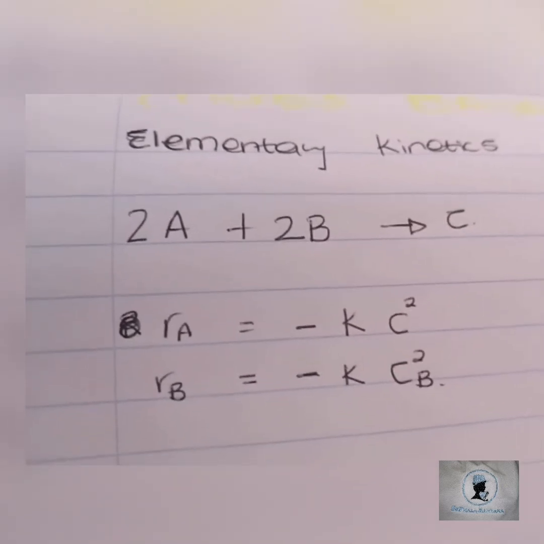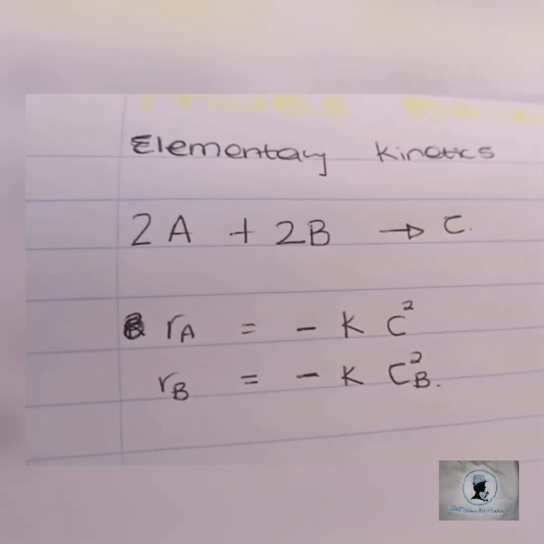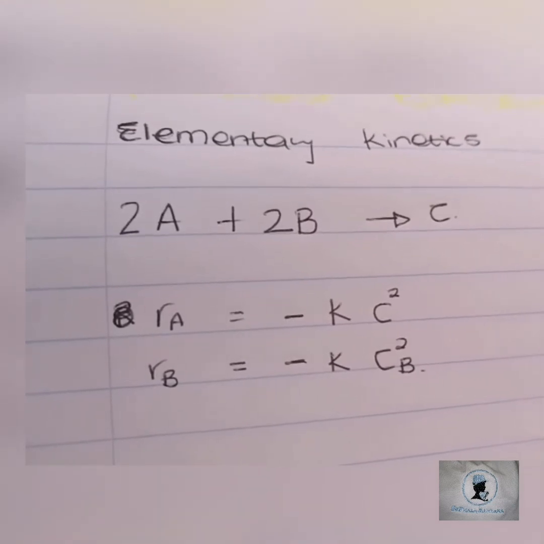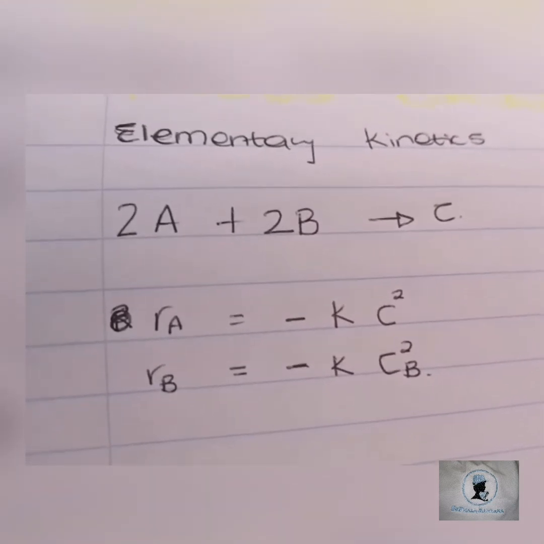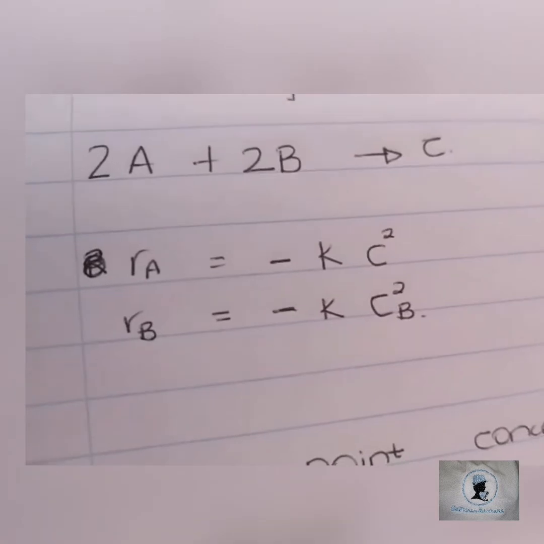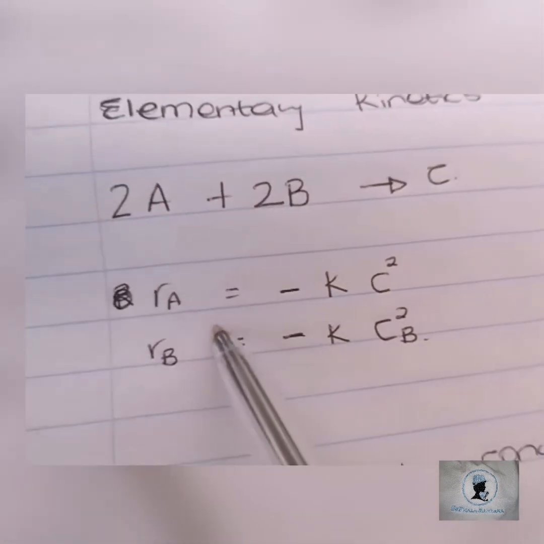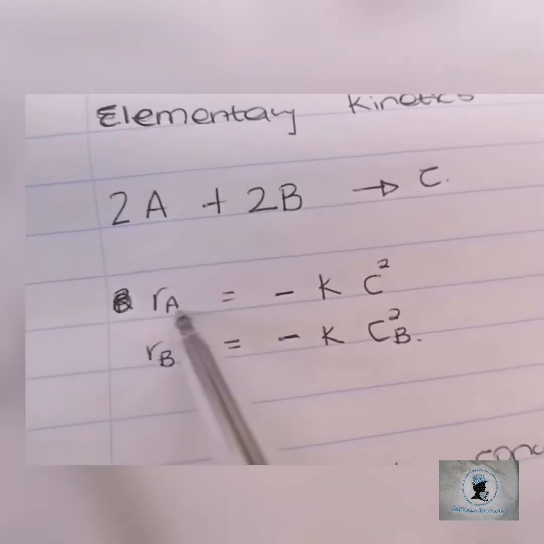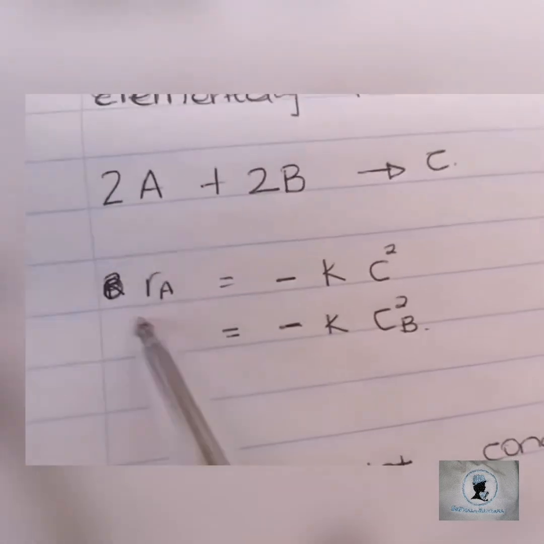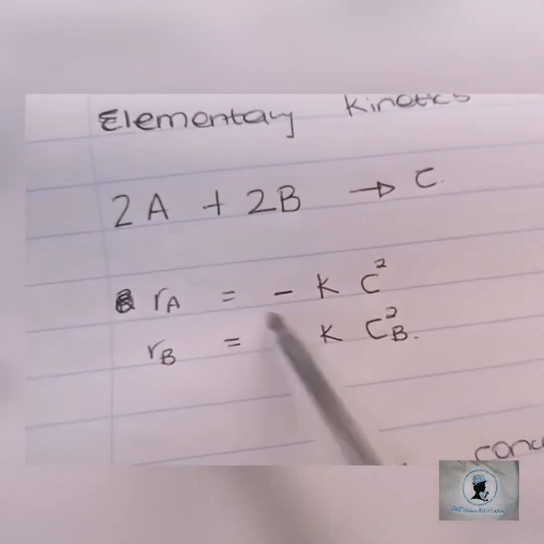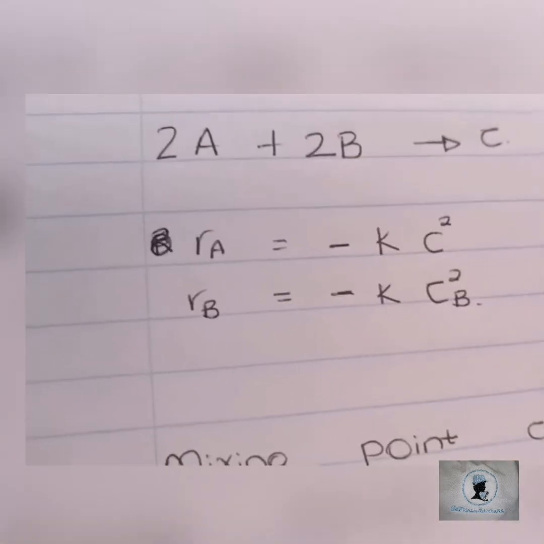With this one, they will give it to you in the form of an equation. You will balance the equation normally, the way you do it. And then the trick here is that you must always know that the reaction rate of this reactant A is equal to negative, because the reactant is being used up.